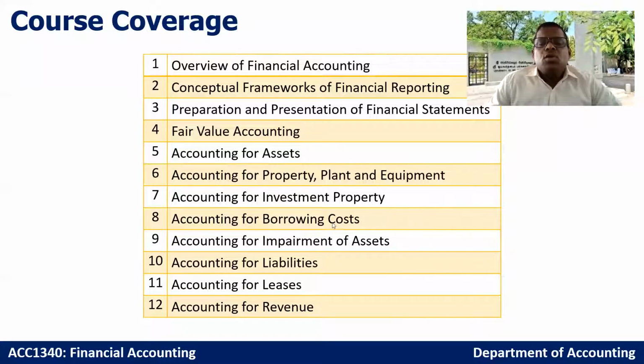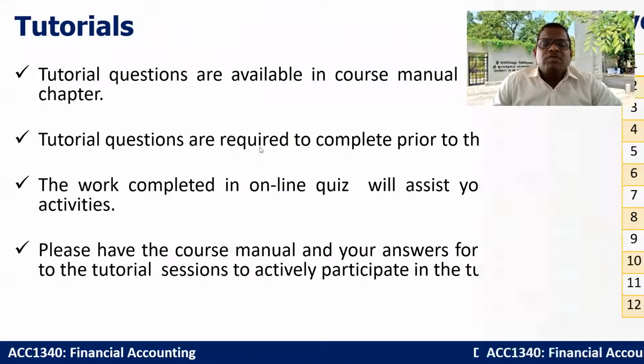Then we are discussing accounting for borrowing cost, which is really debt finance cost, interest and other related finance costs. Then accounting for impairment of assets: similar to depreciation, due to environmental and other factors, certain assets will get impaired, so we will be discussing that part with you. And also accounting for liabilities, accounting for leases, a kind of financing method, and accounting for revenue. Those are the areas we are going to discuss.